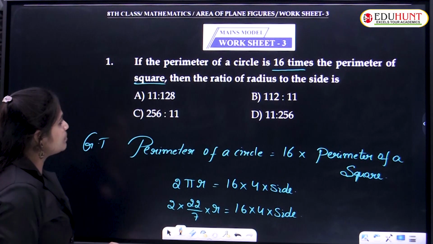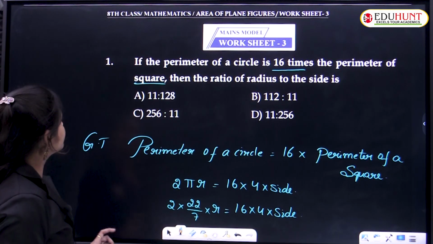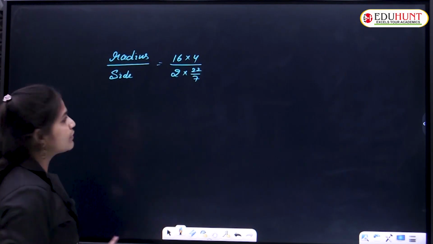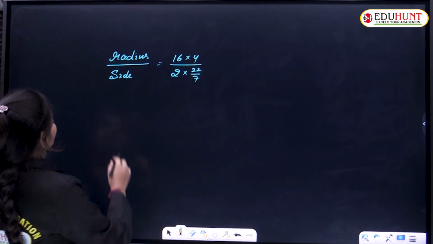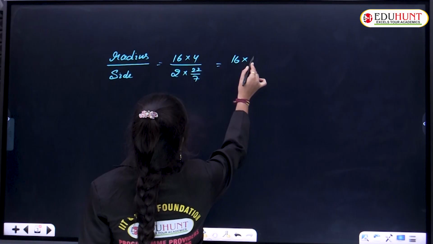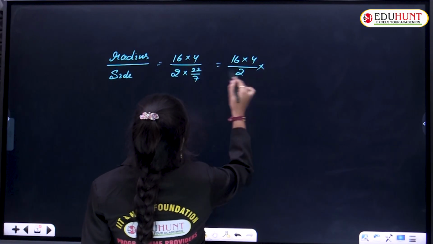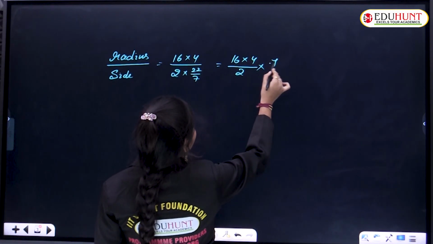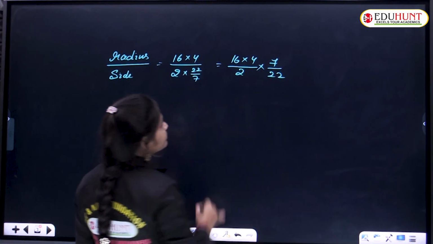The measurements are all in centimeters, but they are not required here because they will be cancelled. So 16 into 4 by 2 into 22 by 7 becomes 16 into 4 into 7 by 2 into 22.